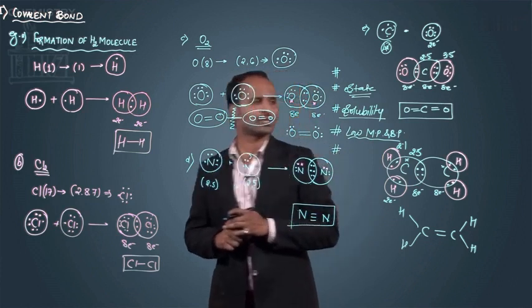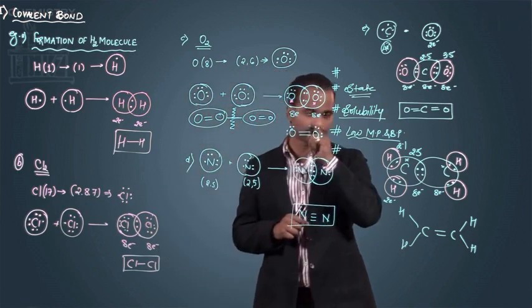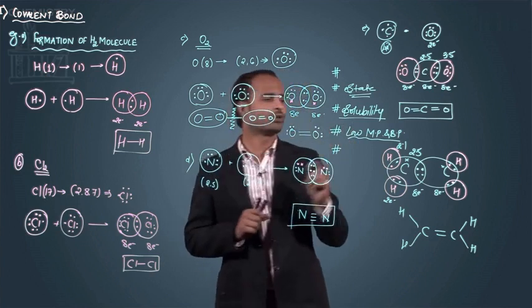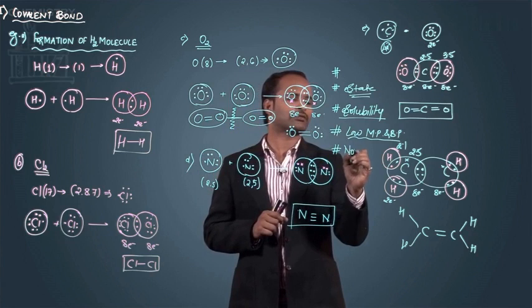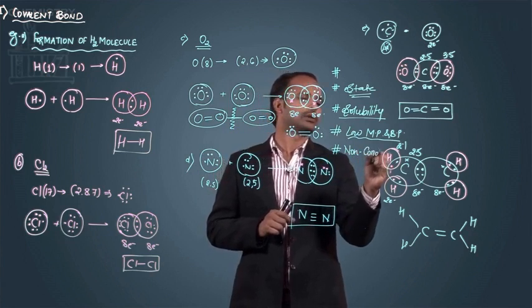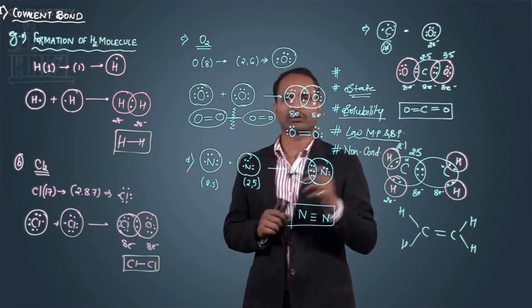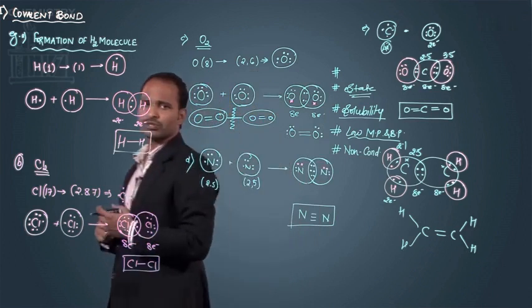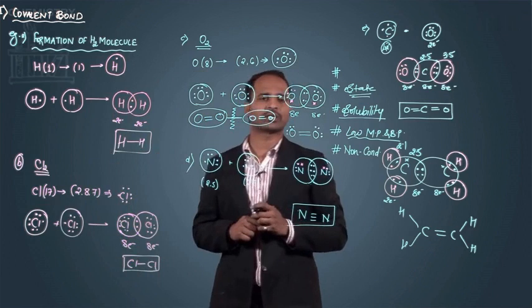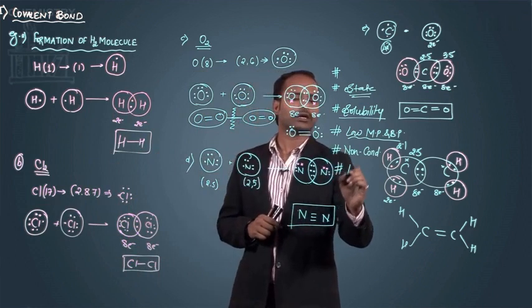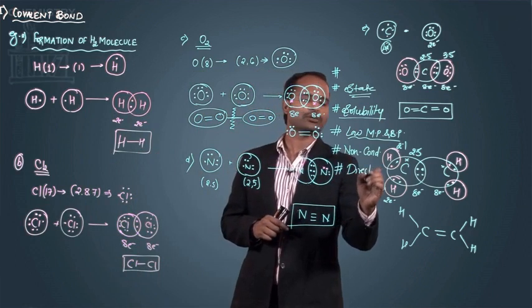The next characteristic of the covalent bond is that they are non-conductors of electricity. Since there are no free electrons or free ions, they do not conduct electricity, meaning they are poor conductors of electricity. They have a directional nature for the bond.